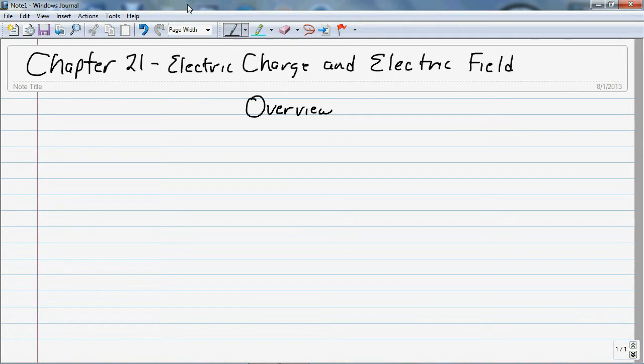So we're going to start with this chapter basically getting into the topic of static electricity, electric charge, and conservation.